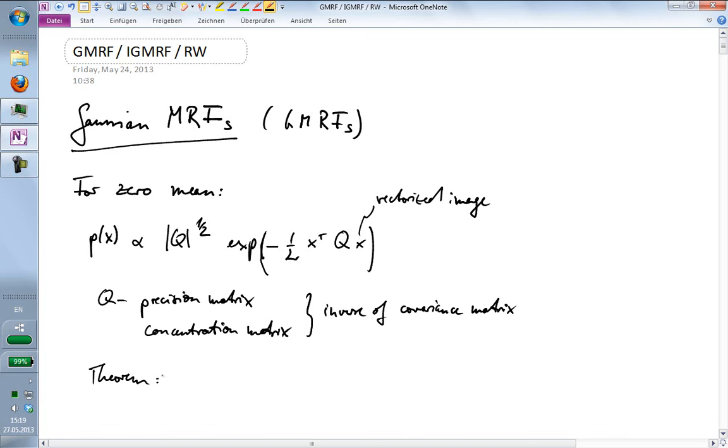But for Gaussians, one can make an even stronger statement, namely that an element ij of the precision matrix being 0 is equivalent to xi being conditionally independent of xj, given all other points, or given all other random variables.